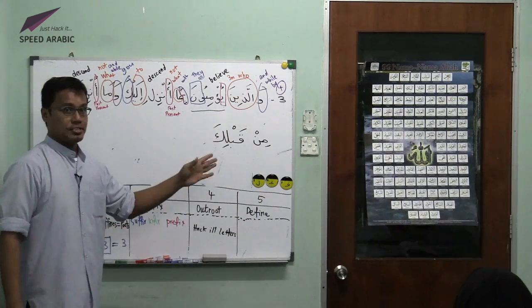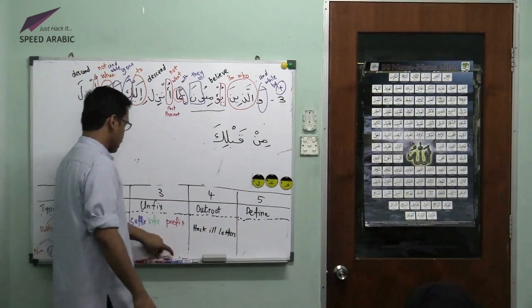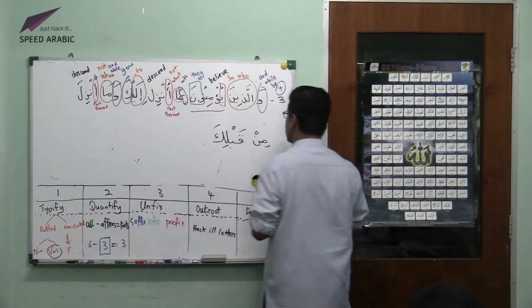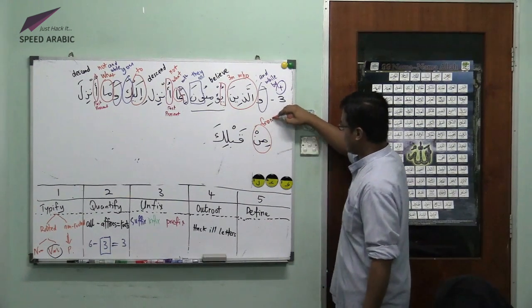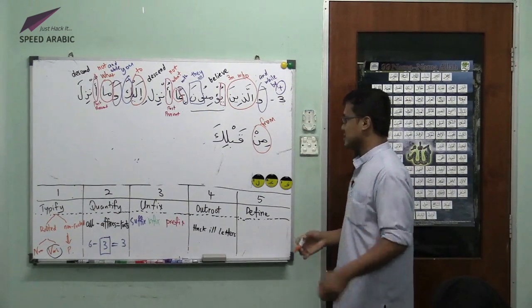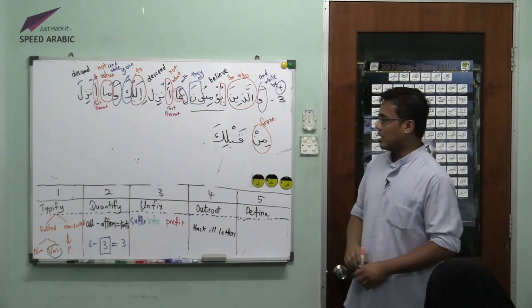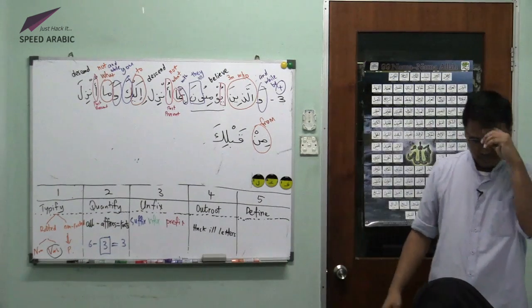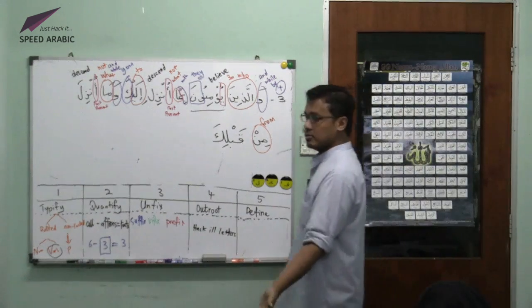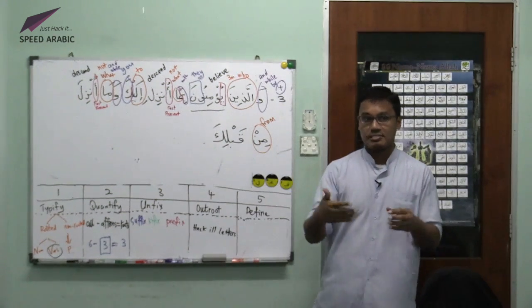Min, have we hacked min before? Right. So what's the meaning of min? From. Okay. By time you will hack faster. Okay. So qablika, is it rooted or unrooted? Rooted. Rooted because it's not in the seeds table.